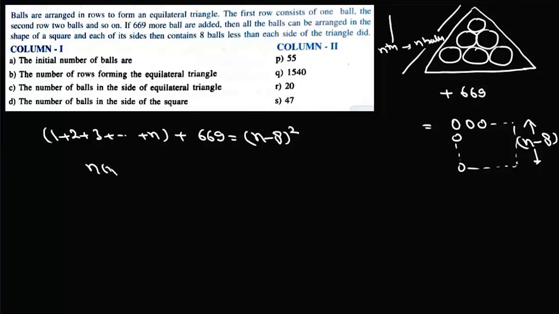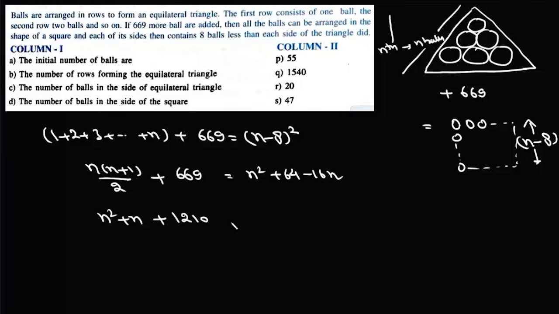Now this is n into n plus 1 by 2 plus 669, and this is equal to n square plus 64 minus 16n, or we can write n square plus n plus 669 minus 64, 605 into 2, 1210.